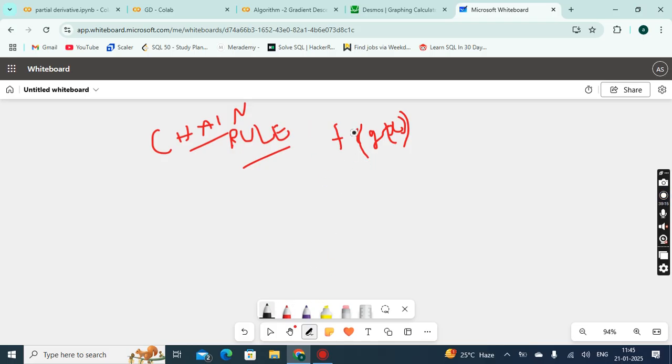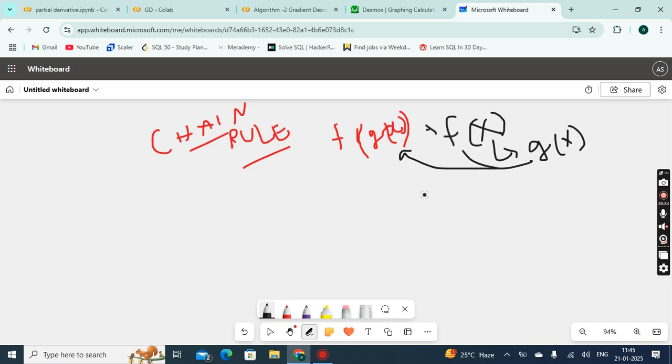So I have f of x, and what is my x? It is g of x. If I merge them, I get f of g of x, a function f with another function g and with the element x. You can just keep this in mind.